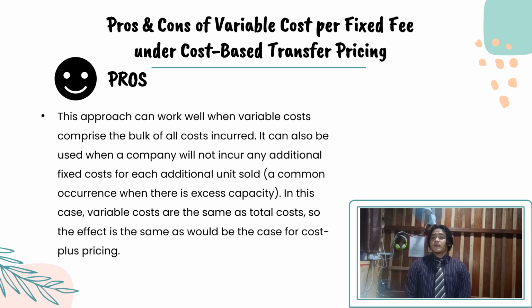It can also be used when a company does not incur any additional fixed costs for each additional unit sold, a common occurrence when there is excess capacity. In this case, variable costs are the same as the total cost, so the effect is the same as would be the case for cost plus pricing.